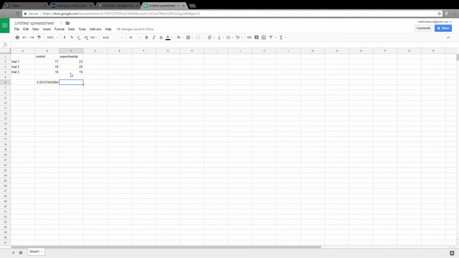Your goal on running that t-test is to get that p-value right there. You want to know, what is the p-value, which is going to answer the question, is the difference between the average of this data set and the average of that data set meaningful? And at what level is it meaningful?